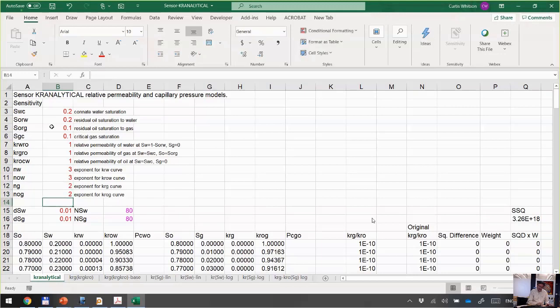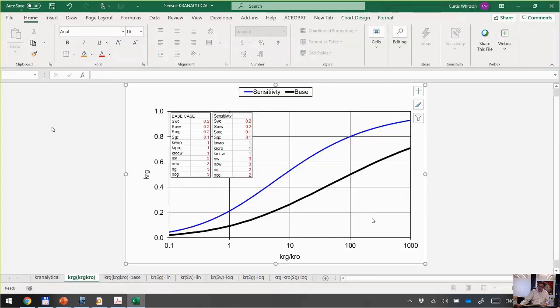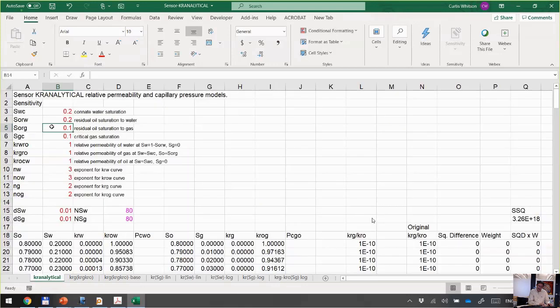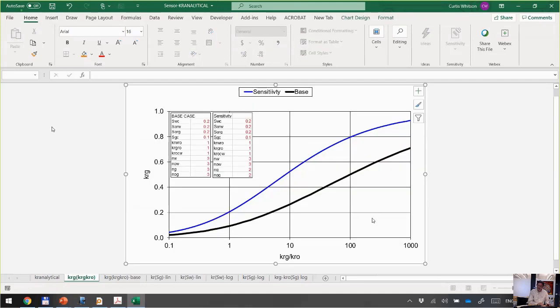That's a big effect. Now, whether it was the endpoint saturation, we have to check that first. Let's go back to 0.2. Okay, this is only the exponent, so that's the biggest effect, going to 2.